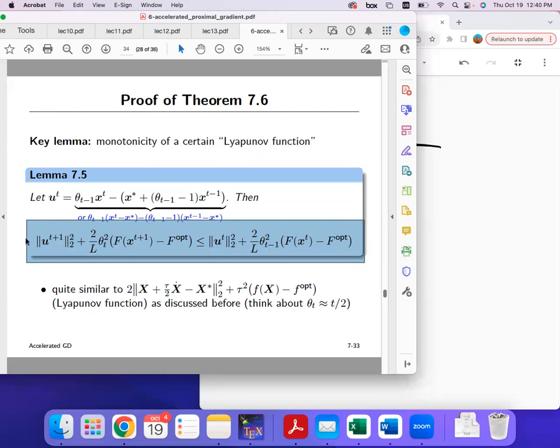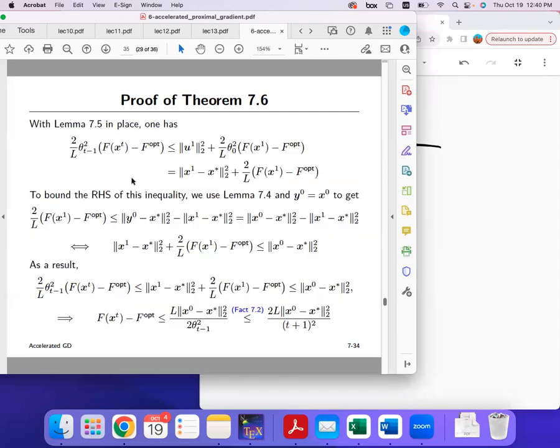The left-hand side at t plus 1 is less than something at time t, but we can keep unrolling this, less than or equal to the same terms at time t minus 1, until we reach the starting point.